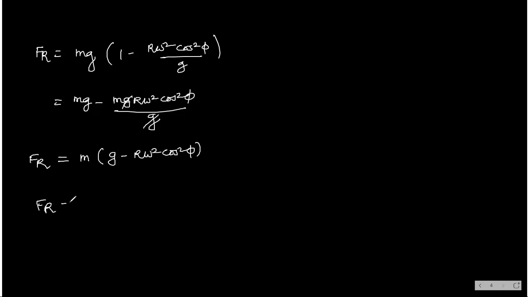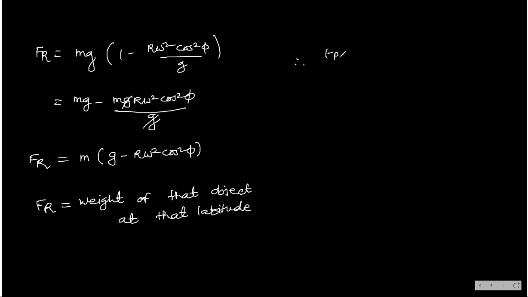But Fr is what? Fr is nothing but weight of that object at that latitude. And therefore, can I write Fr is equal to m into g phi? Yes, no?